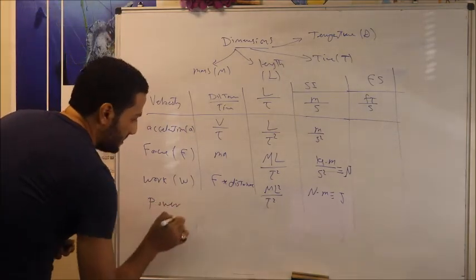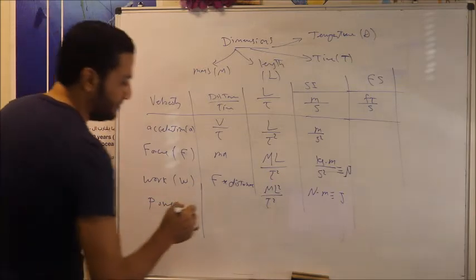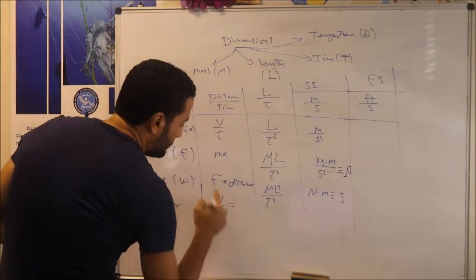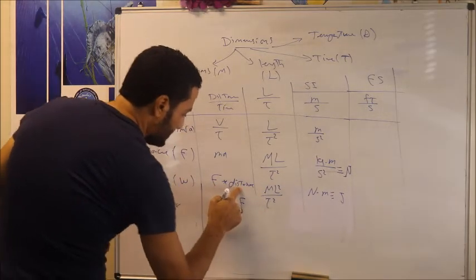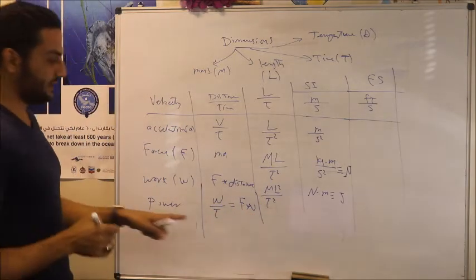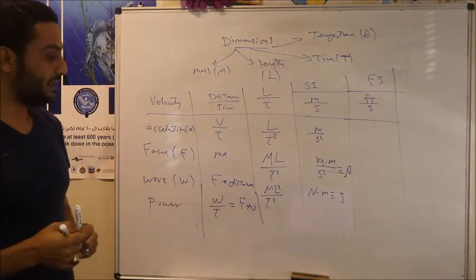Power of the system, if we need to calculate the power of the system. Power is the rate of work done, so work per time. Work is force by distance. Distance divided by time will be velocity. So the power is defined as the force multiplied by the velocity.